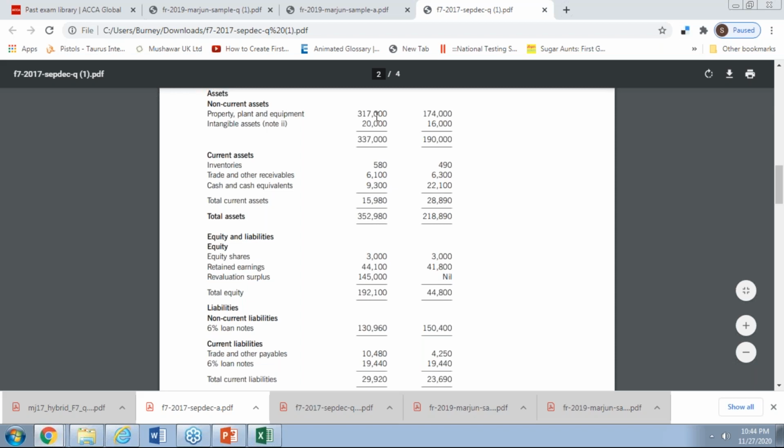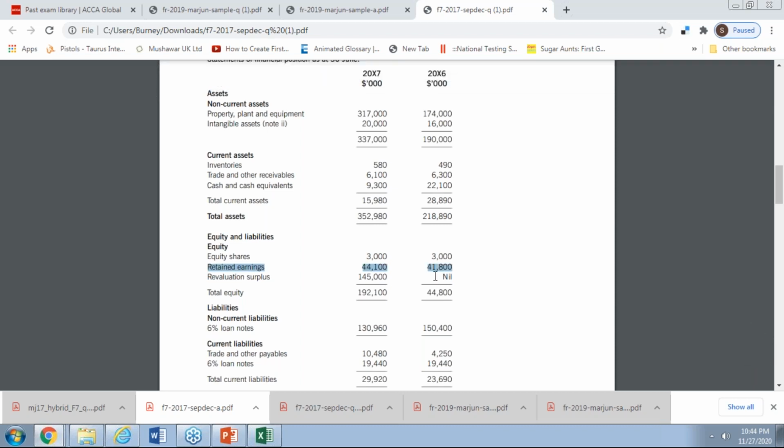Okay, number one. The second thing is, when we had no revaluation last year and have a revaluation in the current year, then compared with the previous year the equity will increase by a substantial amount.